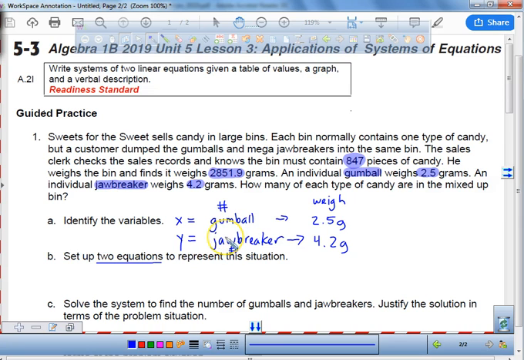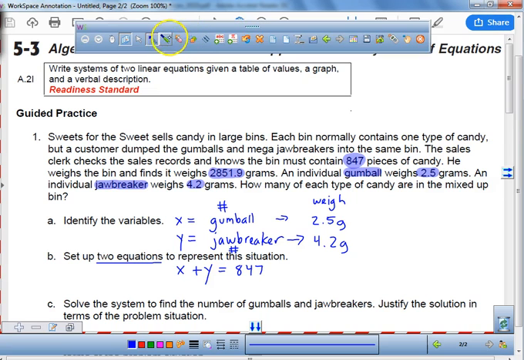We do: 847. So here's what I want you to write: x plus y equals a total of 847. So the number of gumballs plus the number of jawbreakers is a total of 847. We just don't know how many of each there are, but we do know there's a total of 847.